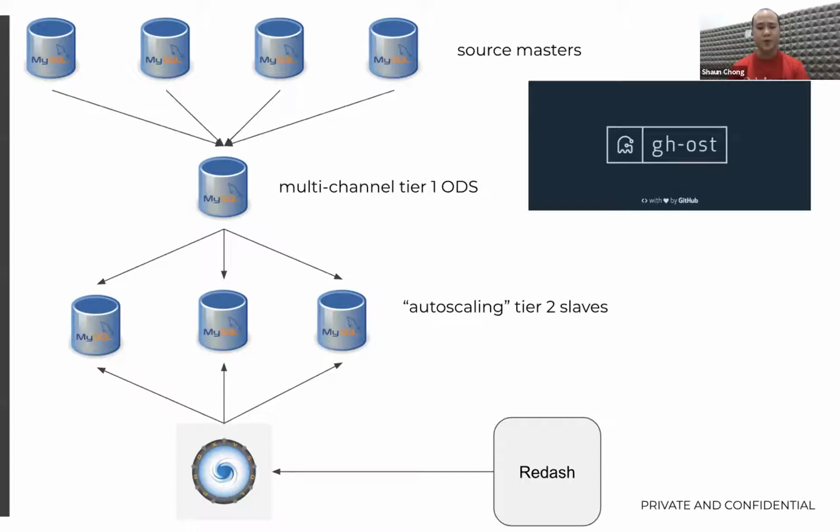So we can bring up a new node within something like 30 minutes without much operations, just running a simple command, right? And then we have Redash talking to either ProxySQL or HAProxy, which load balances the queries, right?